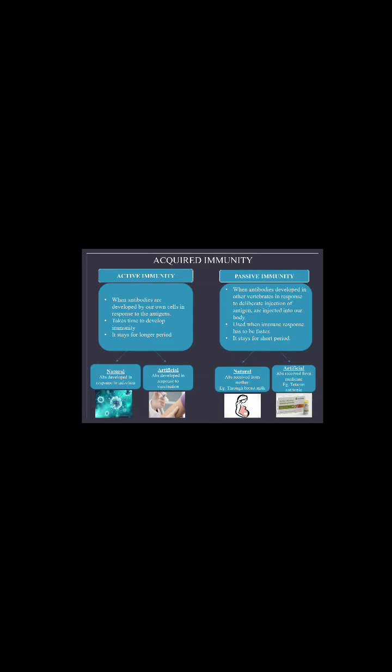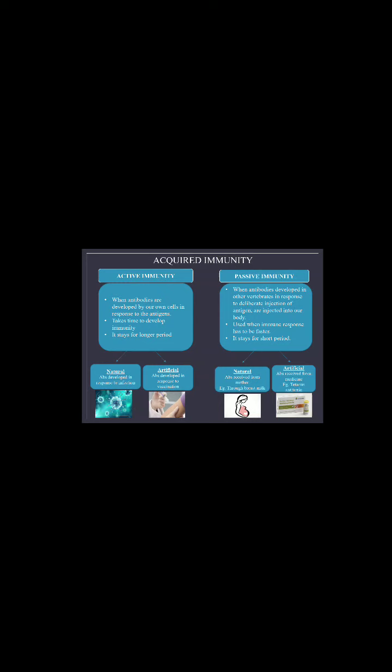Now, what is artificial? Artificial immunity is when antibodies are directly administered to a person, like for tetanus or rabies, because it will take time to develop antibodies inside our bodies, and if we need quick antibodies, the antibodies are directly introduced to our body to protect us from that disease.